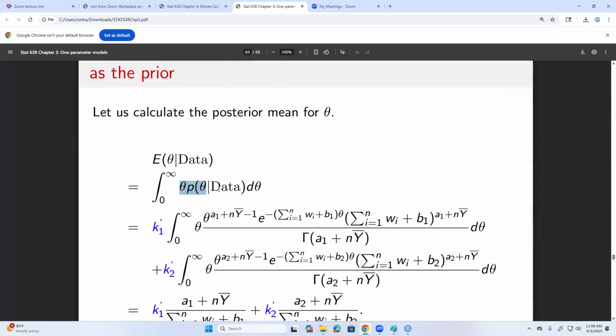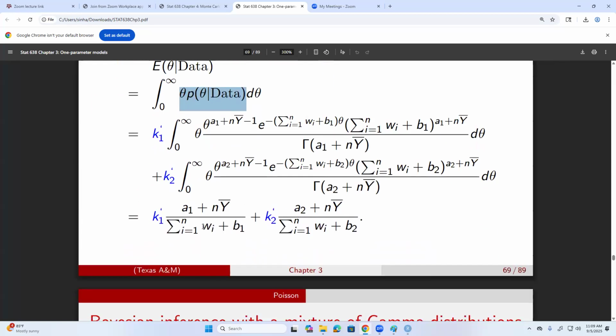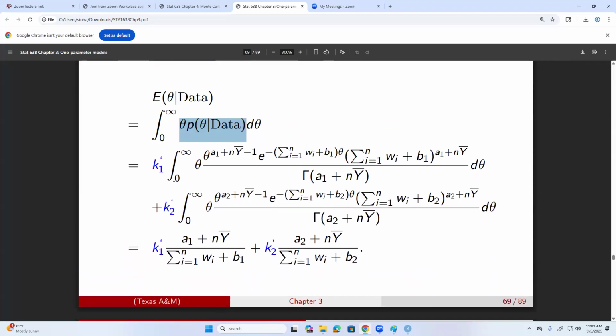So theta times the posterior density function, which is a two-component mixture, is like this. So first we calculate the posterior mean of the first component. It turned out to be this, multiplied by the mixing weight, and then the posterior mean of the second component multiplied by the mixing weight.